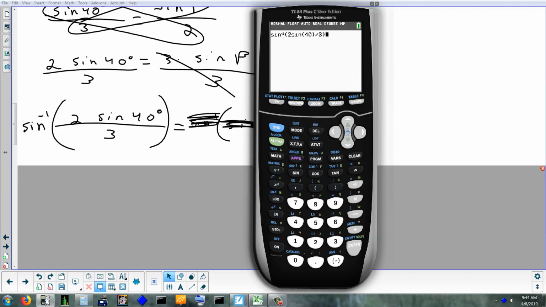Now, when I hit enter, one of two things is going to happen. I'm either going to get an answer on the screen, in which case it's not a no solution, or I'm going to get an error. If I get an error, it means it's no solution. This is not a no solution problem. I just got an answer. 25.374. Okay, so that is an answer.